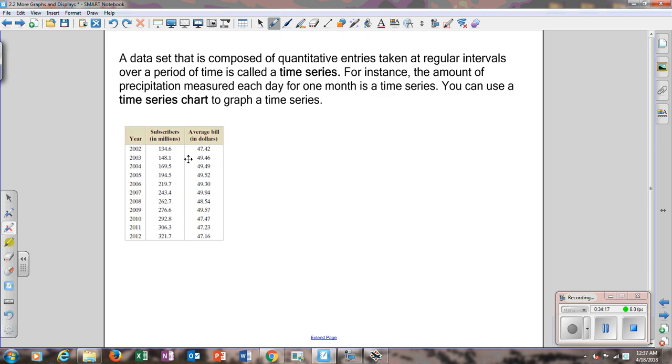It's the same thing, except you're measuring it in time, right?